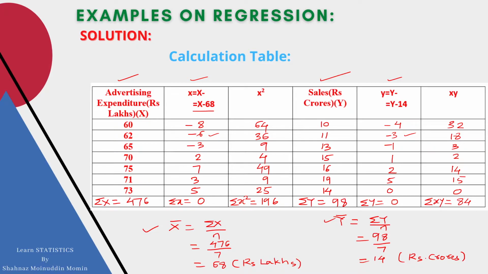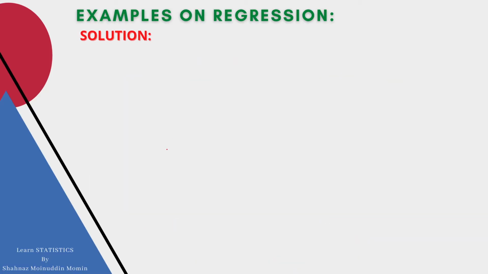Now we shall calculate the regression coefficient of Y on X. We know that the regression coefficient Y on X, BYX, is equal to summation xy divided by summation x square. By putting the values, it is 84 by 196, which is equal to 0.42857.